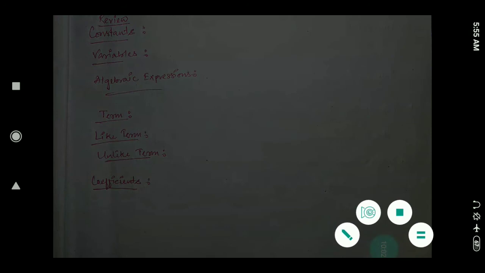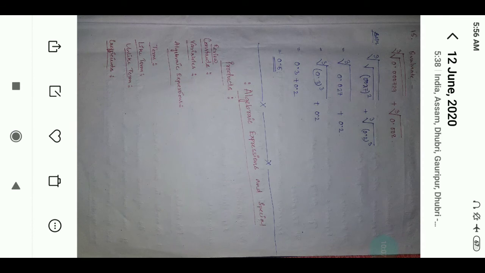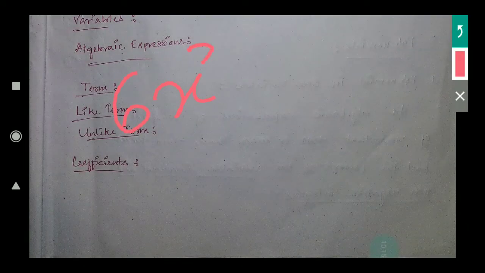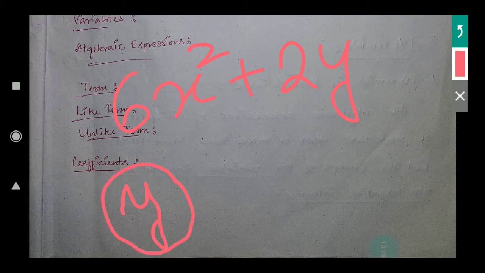Coefficient means, suppose one algebraic expression is given, 6x squared plus 2y. In the question it is given, find the coefficient of y. Coefficient of y means whatever numerical factor or literal factor is multiplied with this y, that is the coefficient of y.